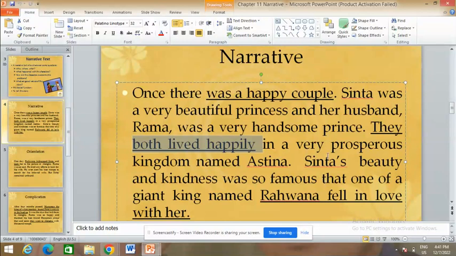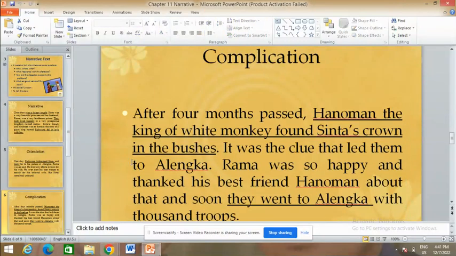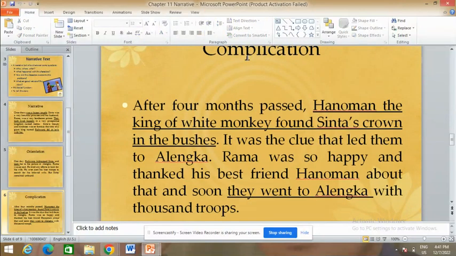So, this is orientation. What about the complication? After 4 months passed, Hanuman, the king of the white monkey, found Sinta's crown in the bush. It was the clue that led them to Alenka.